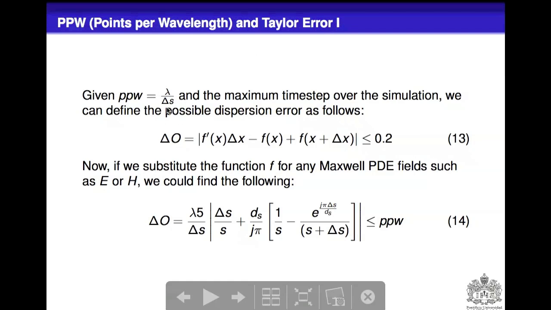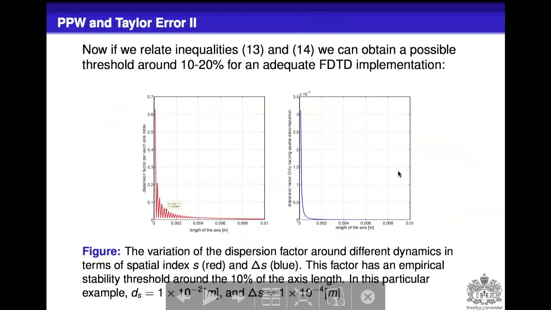In this case, delta s is related with the density, the number of G cells around each axis analyzed. Okay, and as you can see, if you substitute, ppw should be greater than or equal to, in this case, this constant, and this constant can be analyzed in these plot figures. As you can see, there is a behavior that is harmonic, one exponential, and another one that is exponential.